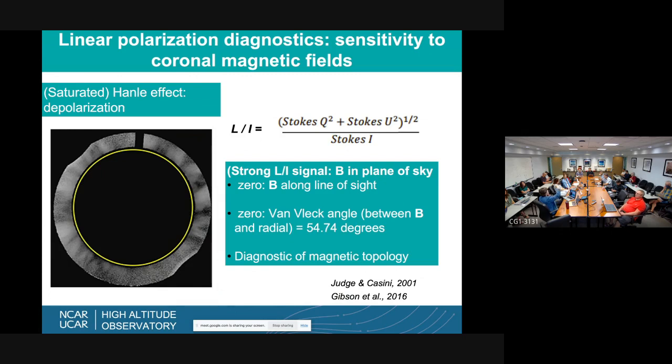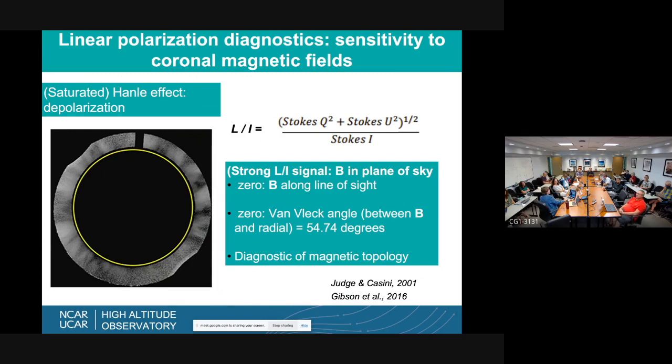It gives you a measurement which is only dependent on the direction of the magnetic field in the plane of the sky and the Van Vleck angle. That's important because it's not just the plane of the sky, it's the angle between the magnetic vector and the local vertical or radial vector. So that's actually three dimensions. The Van Vleck angle is relative to the radial vector, but the field doesn't have to be in the plane of the sky.